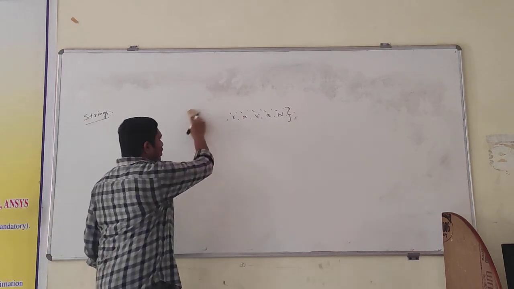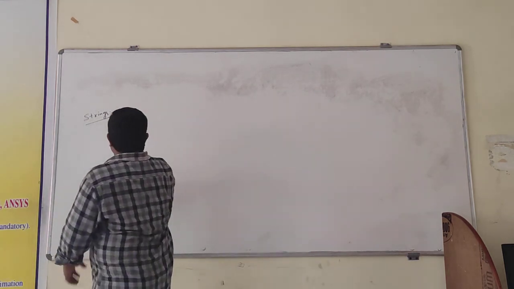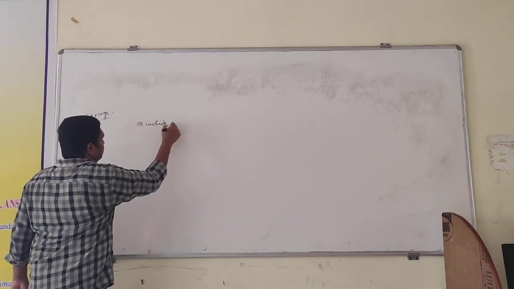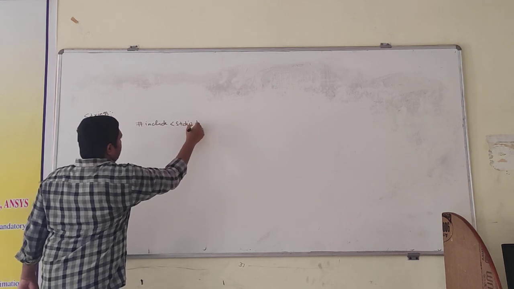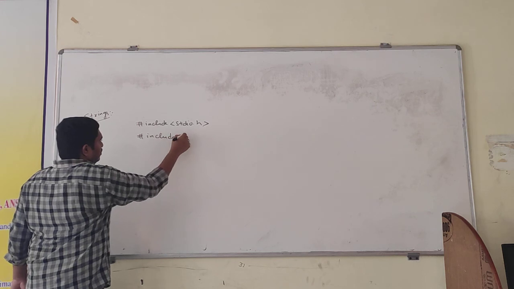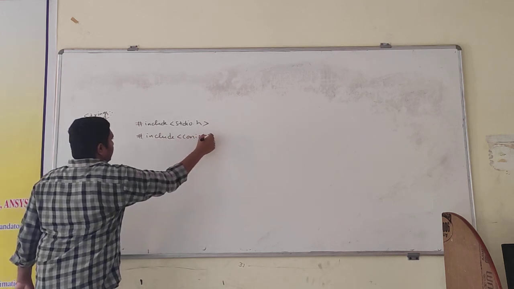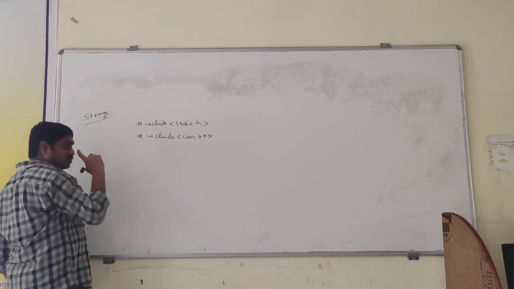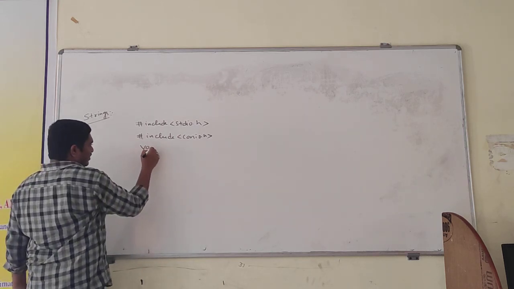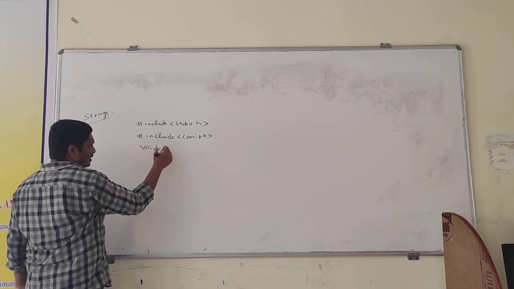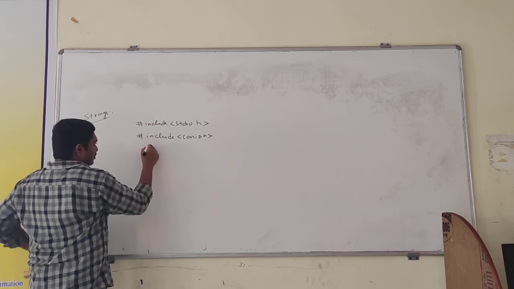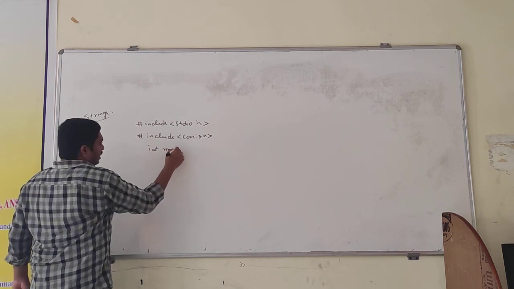I want to write a small piece of code for strings. #include stdio.h and #include conio.h. If you want to use library functions you need string.h, but here I am not using any library functions, so I am not including the string header file. Next, int main.